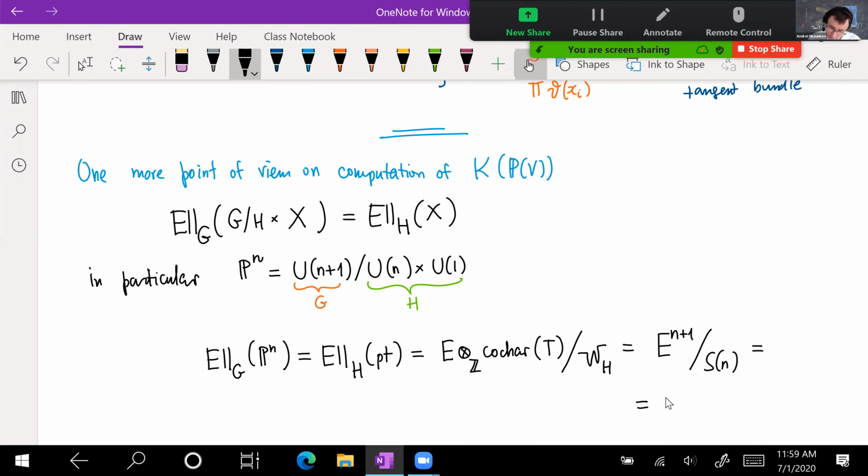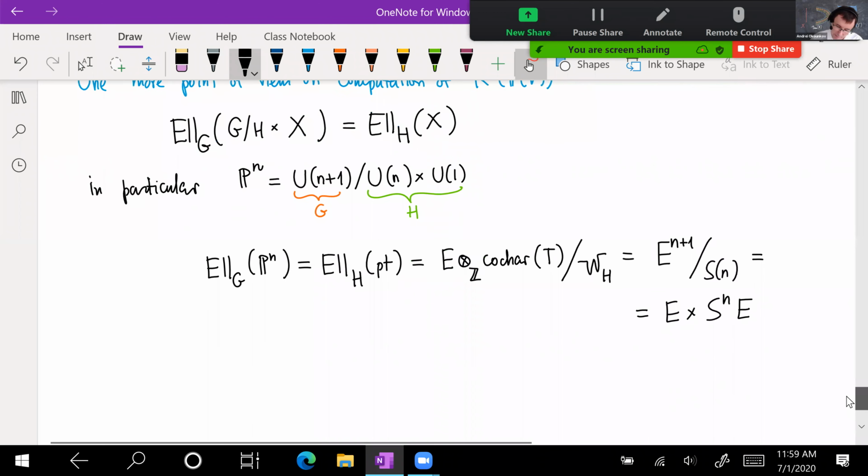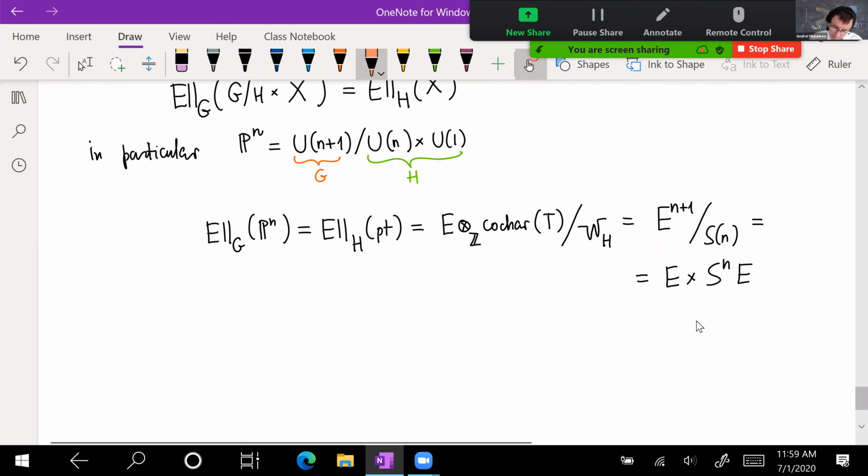So this is going to be E cross Sn of E. And this has the natural map down to S^(n+1) of E, that is the map to elliptic cohomology of a point.